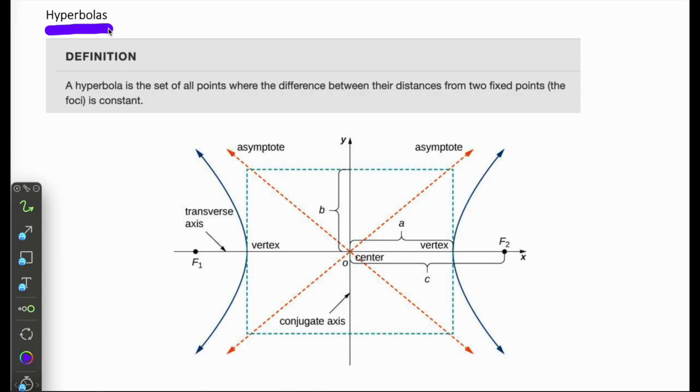Okay, now we're going to talk about hyperbolas. A hyperbola is the set of all points where the difference between the distances from the two fixed points, the foci, is constant.